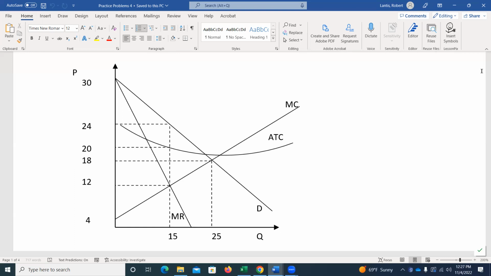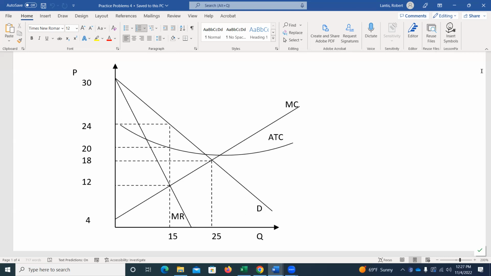So if I want the dead weight loss, that's going to be the loss of surplus from underproduction by the monopolist. So the surplus loss is the area in between the marginal benefits and marginal costs, or in between my demand and my supply or my marginal cost. So I'm going to be thinking about trying to find the area of this triangle. So the height of that triangle is what? 24 minus 12, or 12, right?